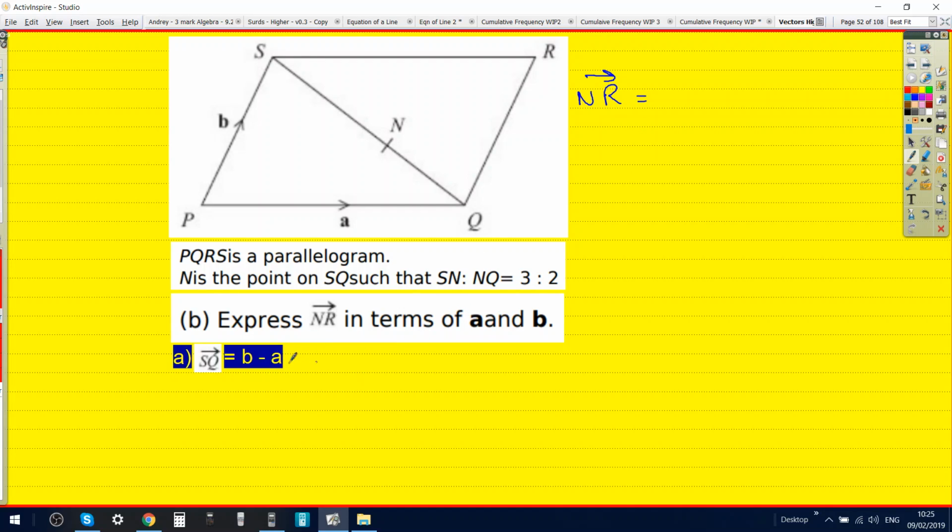What's quite common in these vectors, as we're seeing, is that it helps to use your previous answer. Okay. So S to N is 3/5 of B minus A. So you have to go from N to R.